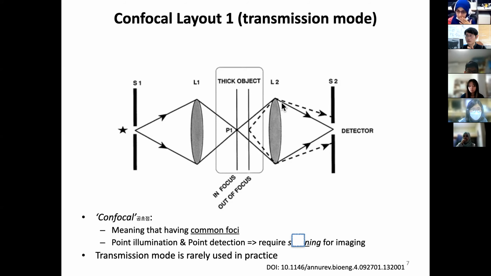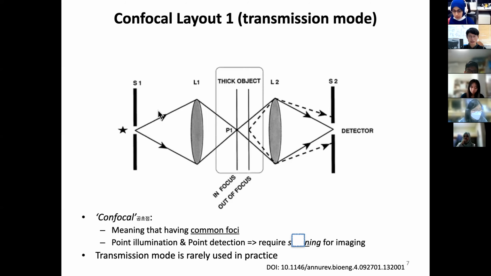What about the out of focus light? It will be blurred at this point, so you can put a detector just behind this pinhole. This focus corresponds to that focus. The foci are common. That's why he named it confocal, meaning having common foci.